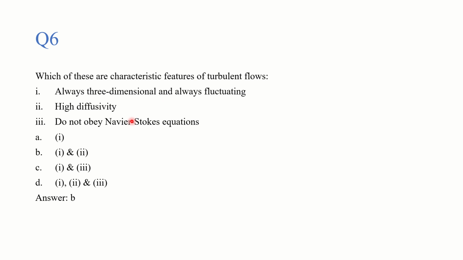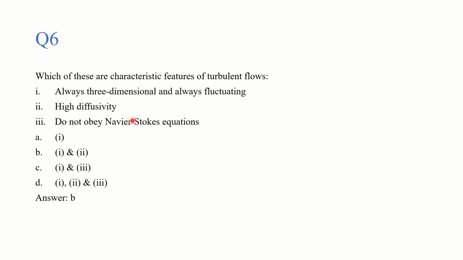So, we already saw what turbulent flows are. Turbulent flows have high fluctuations, and every property varies randomly and irregularly. We cannot formulate anything from that. So those are characterized as turbulent flows.